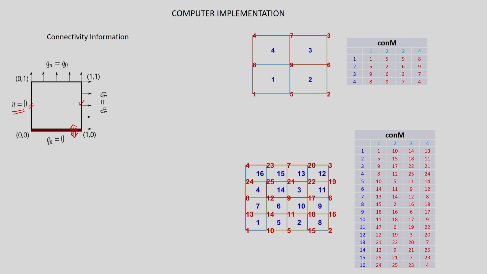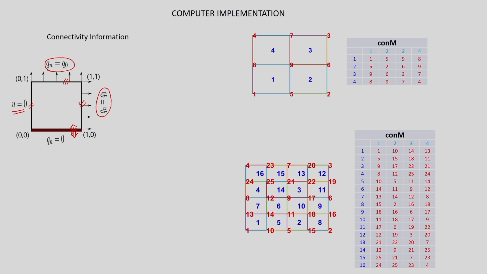The right hand side is having a heat flux boundary condition, the normal heat flux is specified, that is constant Q naught, and on the top side we have the same Neumann boundary condition, Qn equal to Q naught. It can be different; you can take a linear or a parabolic heat flux distribution.